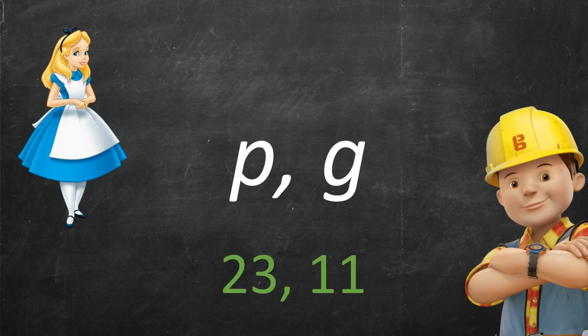So Alice and Bob pick two numbers that are prime numbers. They pick tiny numbers, and everybody knows what numbers they picked. It's on the internet.